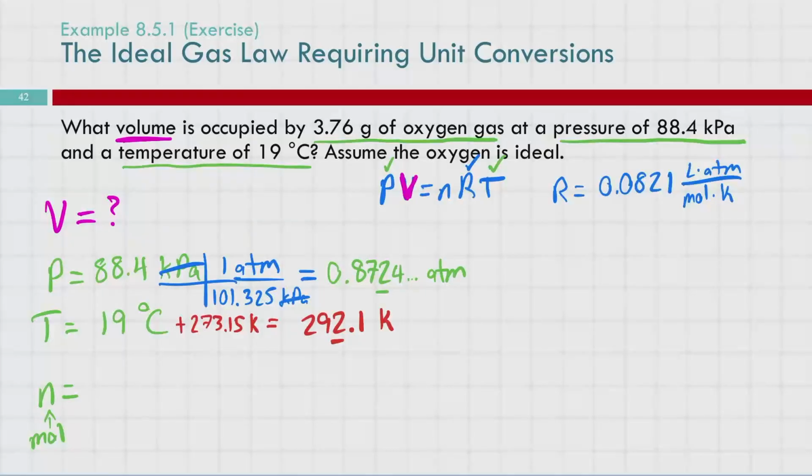We have grams of oxygen gas. So we can use this mass of oxygen gas and convert to moles. What's the formula for oxygen gas? It's O2. How do we know it's O2 and not just O? We know it's diatomic.